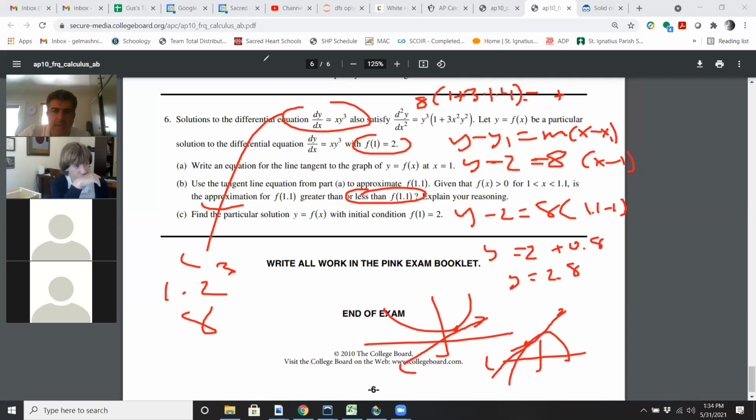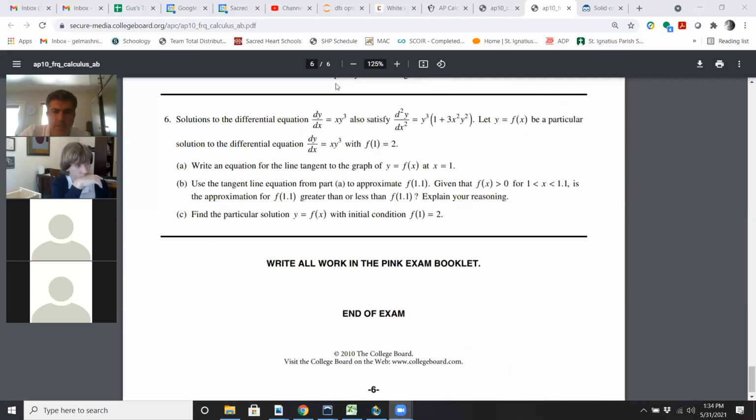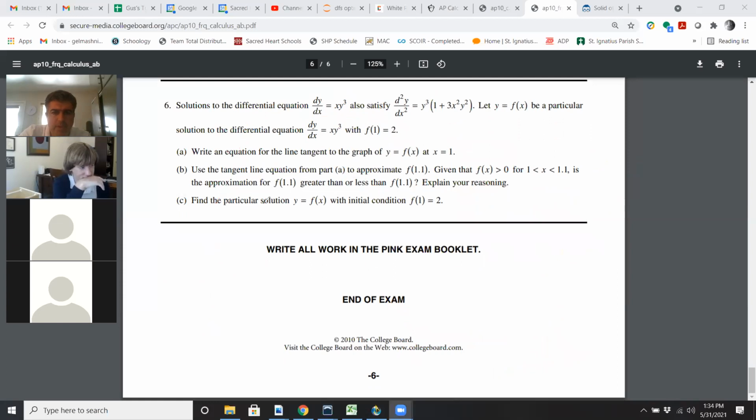Lastly, when you're doing the separable differential equations, you're going to move the y cubed to the other side. So it's 1 over y cubed dy equals x dx.